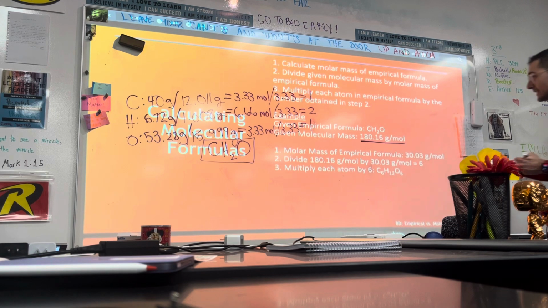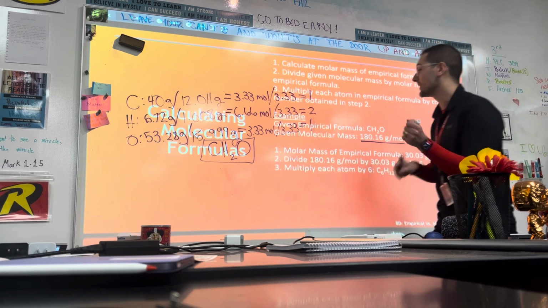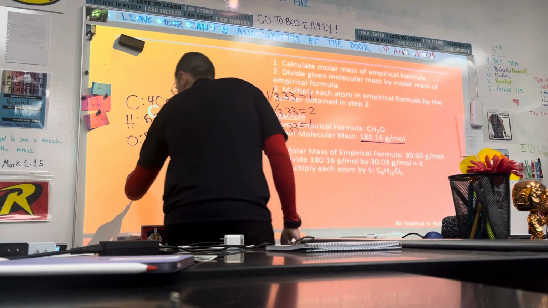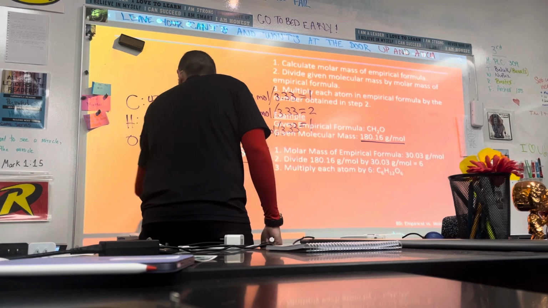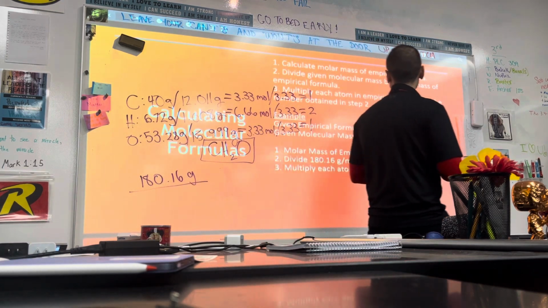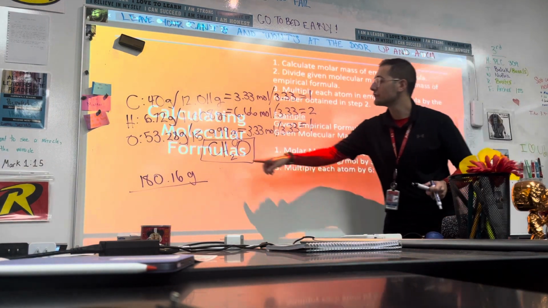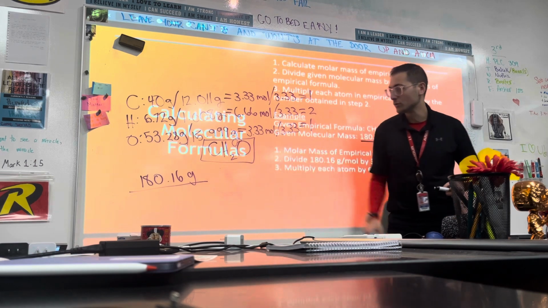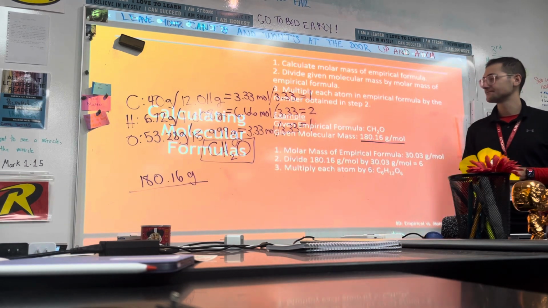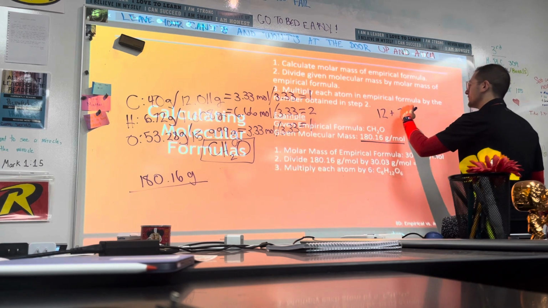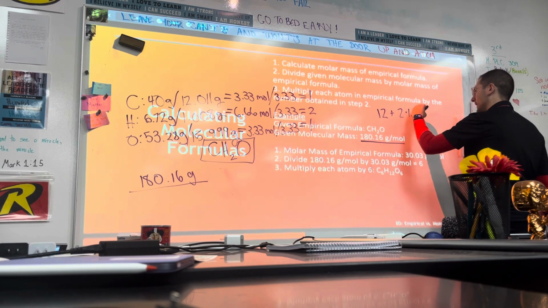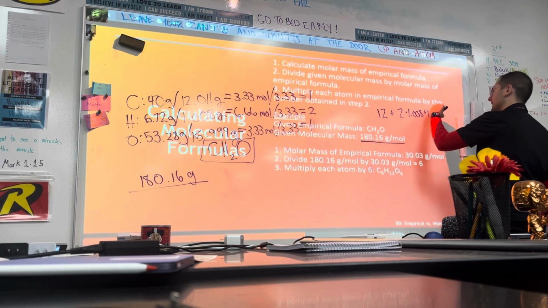So it'll look like this. We have 180.16 as our given mass. So we'll do 180.16, and we want to divide it by the mass of just normal CH2O. So that would just be 12 plus 2 times 1.008 plus 15.999.